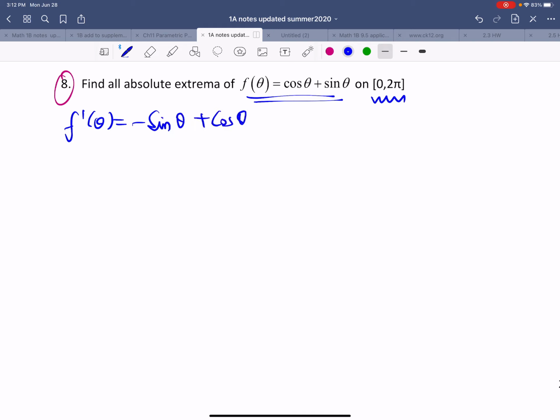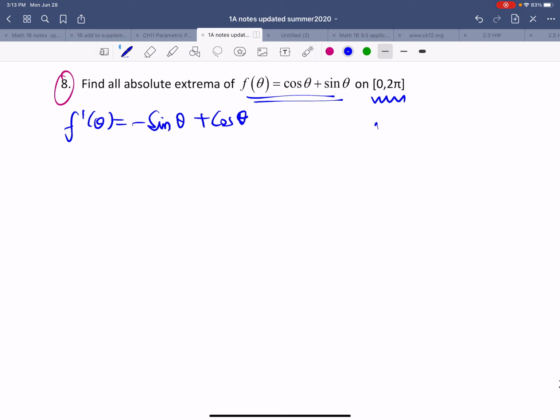Now, we know these are smooth continuous curves, and this is a sum of two smooth continuous functions, and these are never going to be undefined. Neither sine x nor cos x is ever undefined going from 0 to 2 pi.